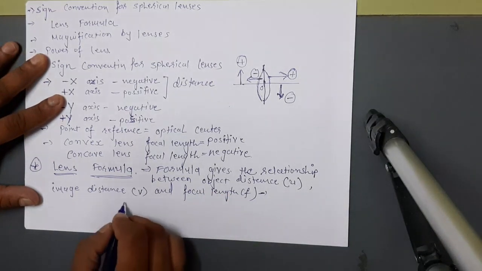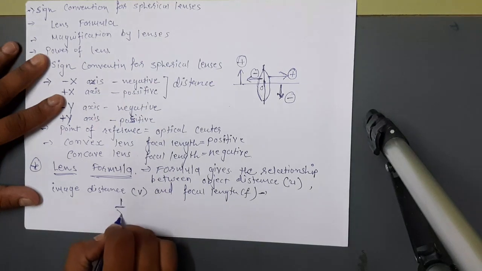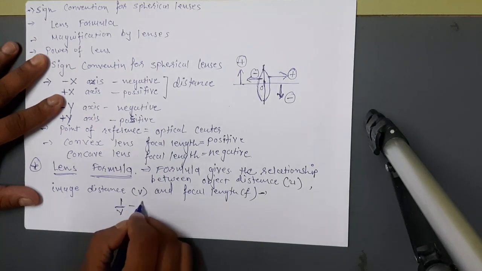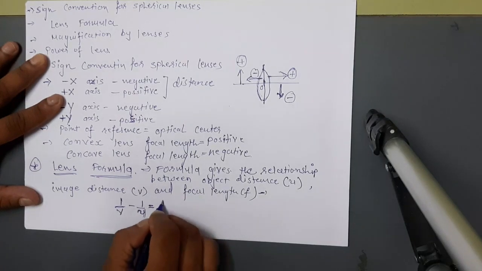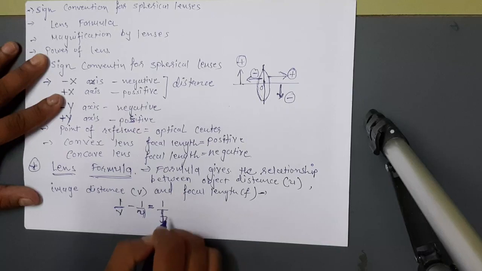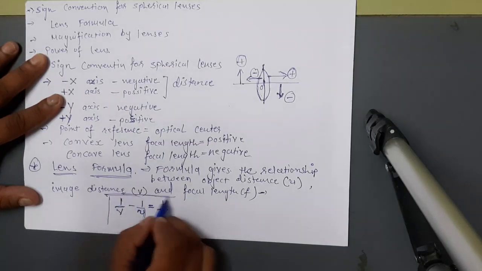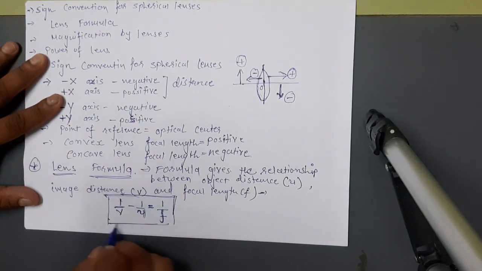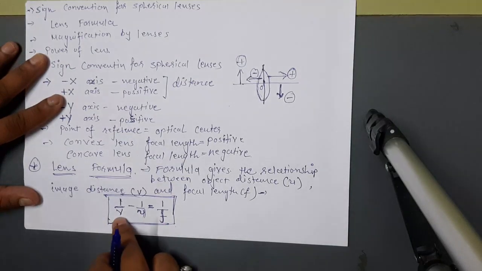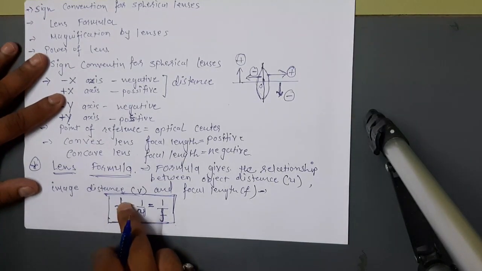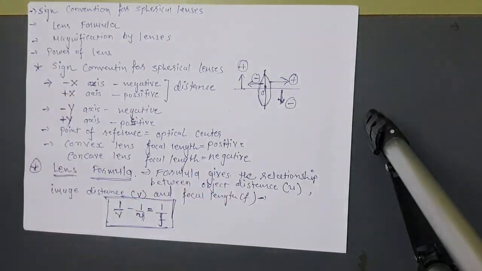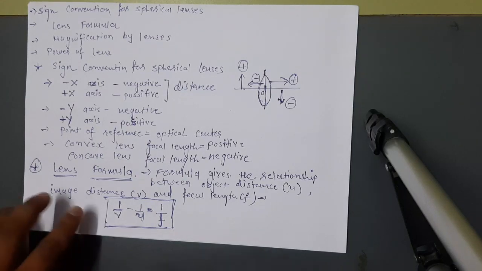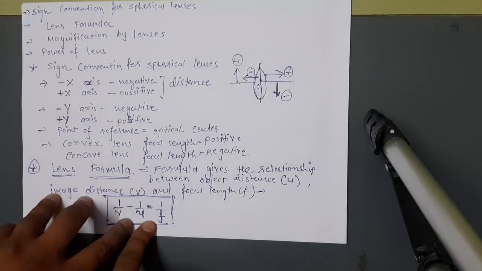It is expressed like this: 1 upon v minus 1 upon u is equal to 1 upon f. The reciprocal of image distance minus the reciprocal of object distance is equal to the reciprocal of focal length.